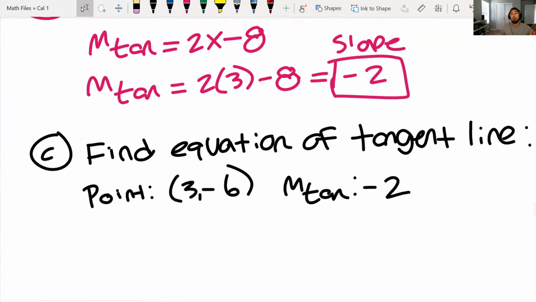All right, so we're going to find the equation of a line, and a line we know is y equals mx plus b, a linear function. What I'm going to introduce is my favorite formula, the point slope formula.